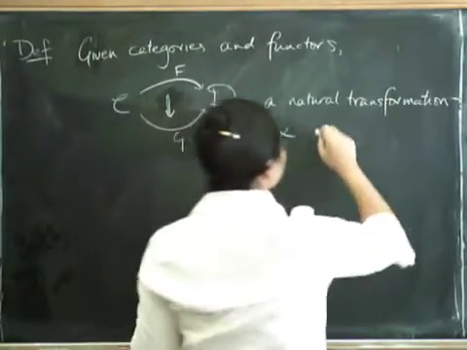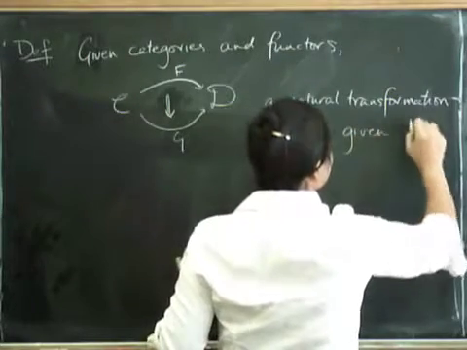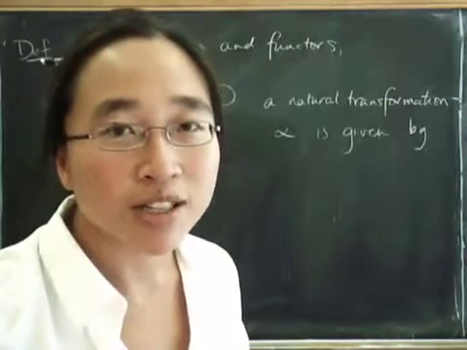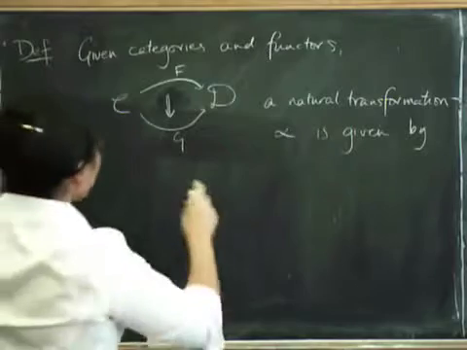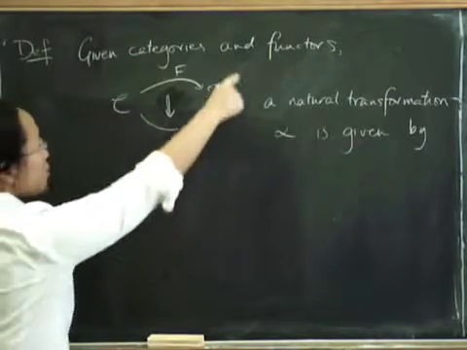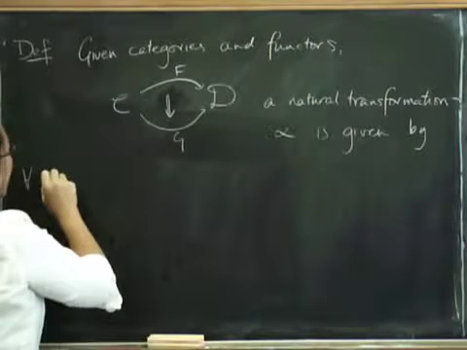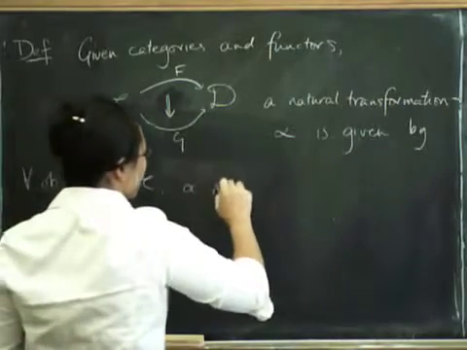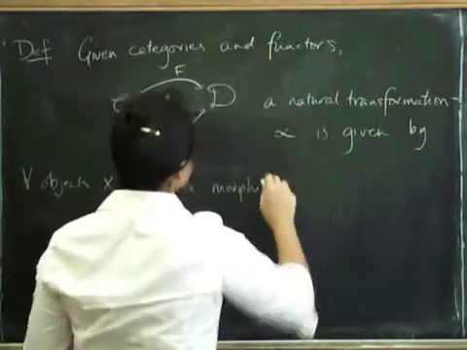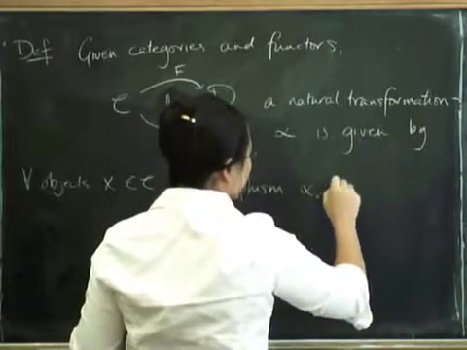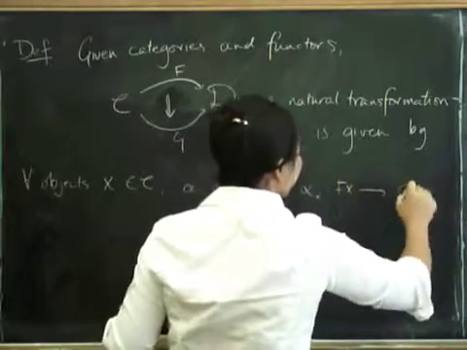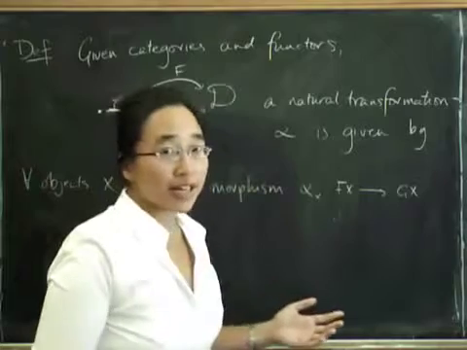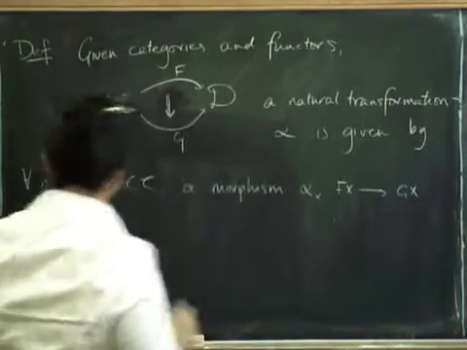Okay, a natural transformation alpha is given by, now what we have to have, and I do remember when I first saw the definition of natural transformation, I thought it was very, very strange. What we have to have is for every object in C, a morphism in D. For all objects X in C, a morphism alpha sub X that goes from f of X to g of X. And that's going to be called, we're going to refer to that in general as a component of this natural transformation.